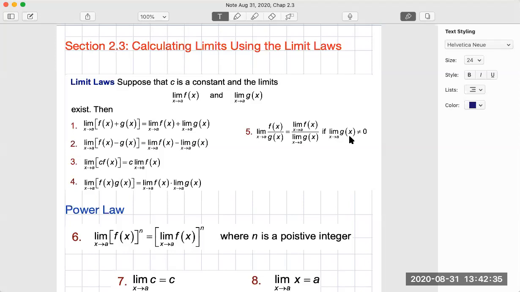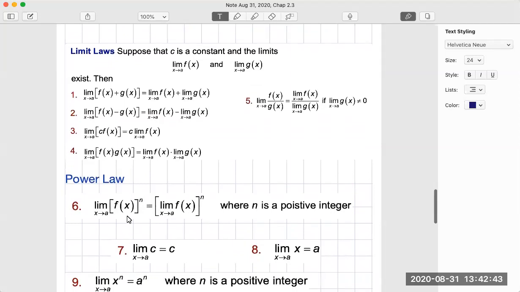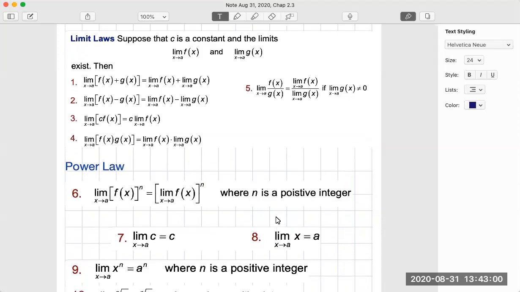And a power law, because from the product rule right here, we have the power law: the limit of f of x to the n will be the limit of f to the n. And n here is a positive number. This file is already uploaded on Moodle, so we will just go through it and then go to detailed examples, right?